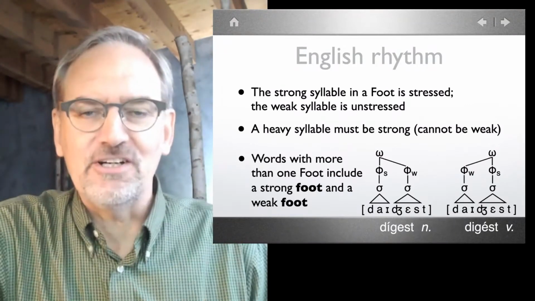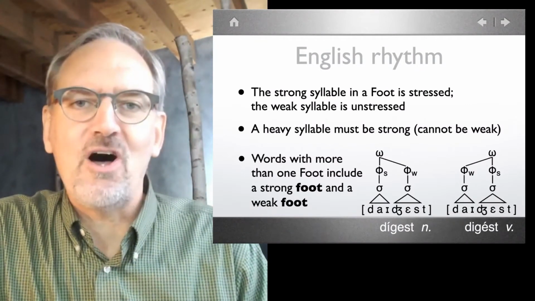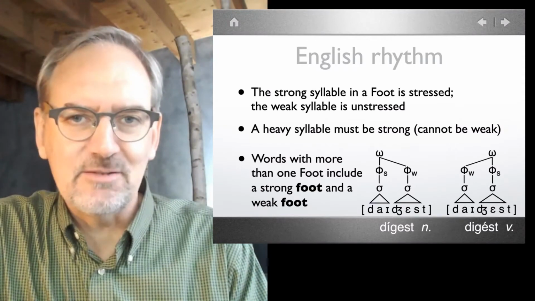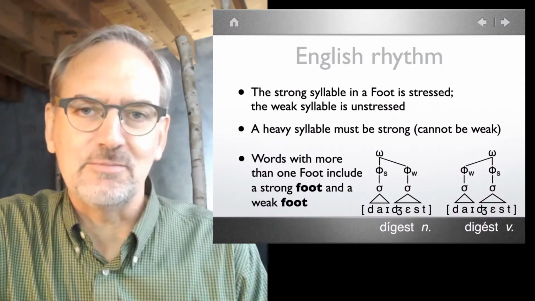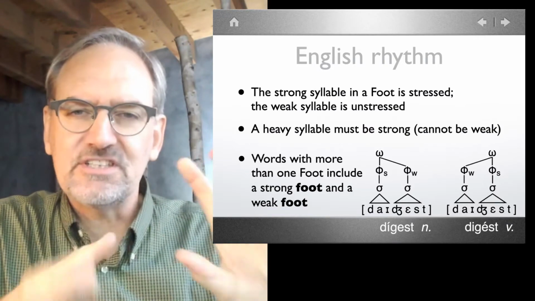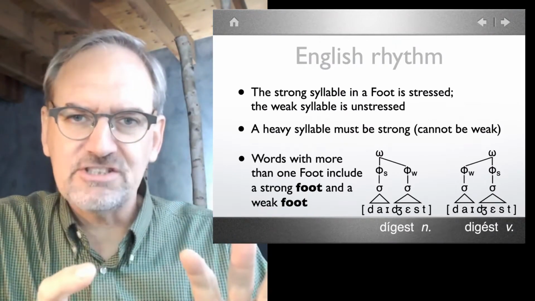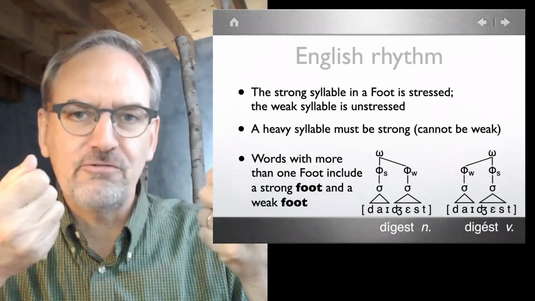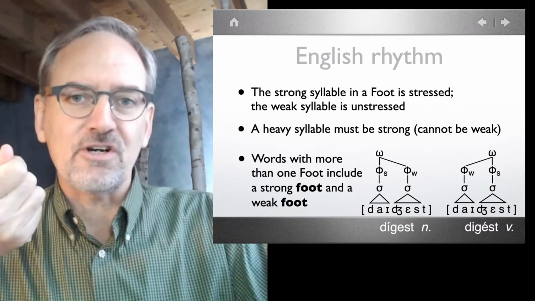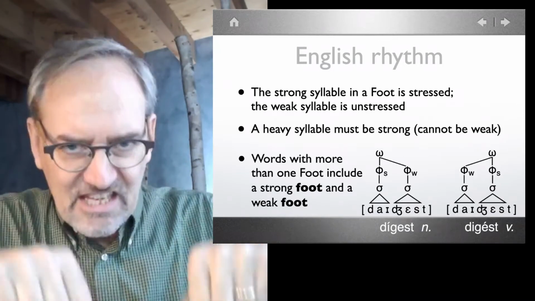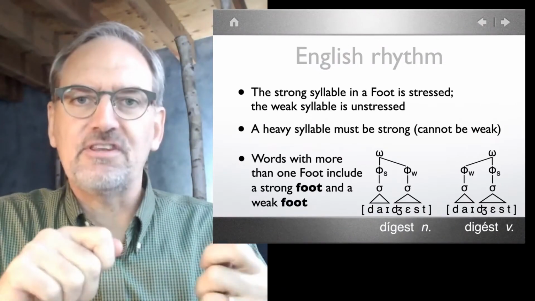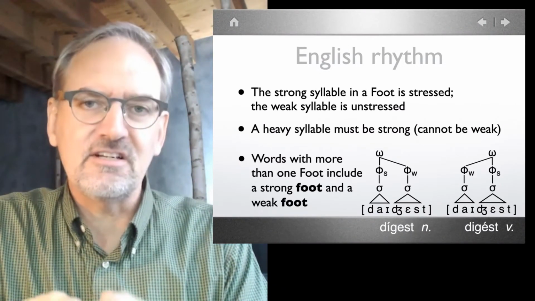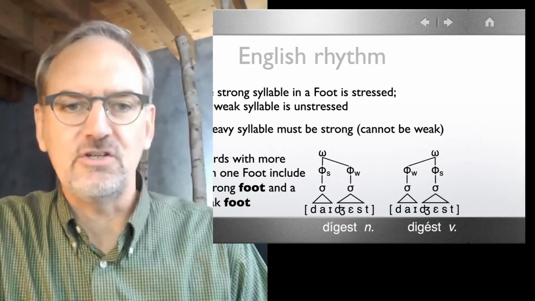But within the foot, the syllable pattern will always be strong syllable followed by weak syllable. This is an important distinction, that we have strong syllable and weak syllable within the foot. We have strong foot and weak foot within the word. It's only within the foot, inside the foot, that we have this restriction on the order of strong and weak units.